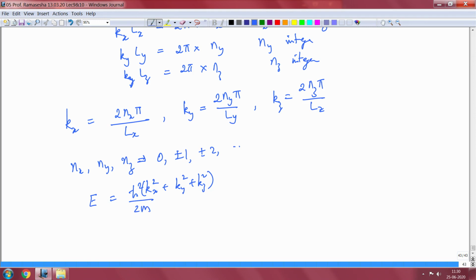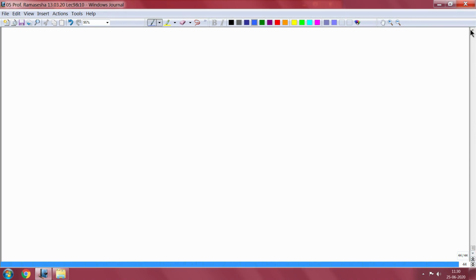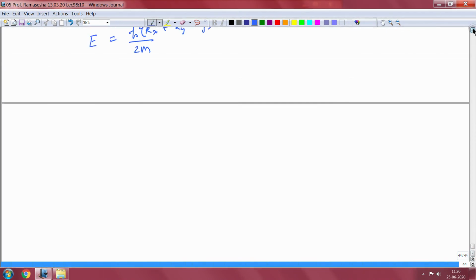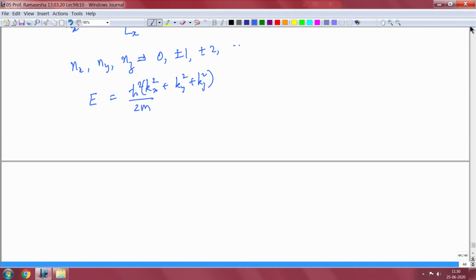Now what is the difference between the classical theory and the quantum theory? One, apart from the fact that the energies are given by this, which are more or less the same. If you are looking at an infinite system, the quantum energies are the same as the classical theory.